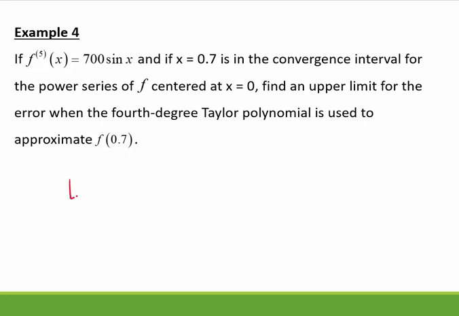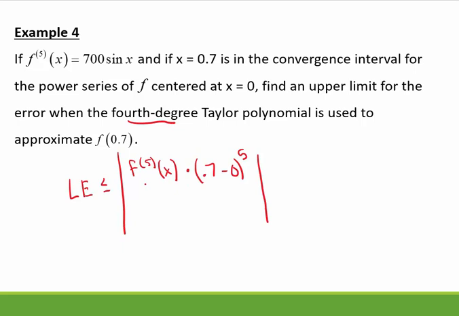So my Lagrange error bound is less than or equal to the absolute value of the highest value of my derivative, times the x value we're trying to approximate at minus our center to the fifth power. Since it's fourth degree, I go to the fifth power, all over 5 factorial.